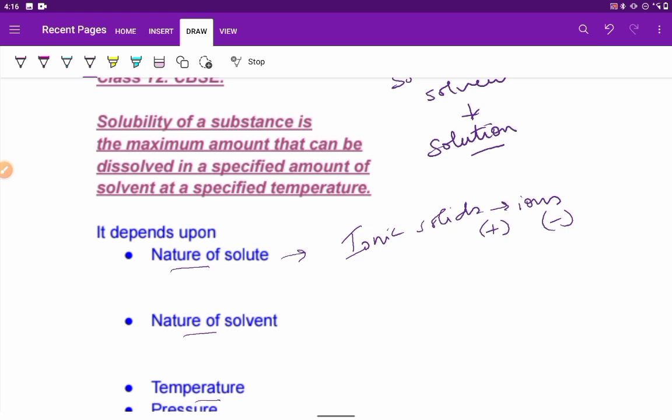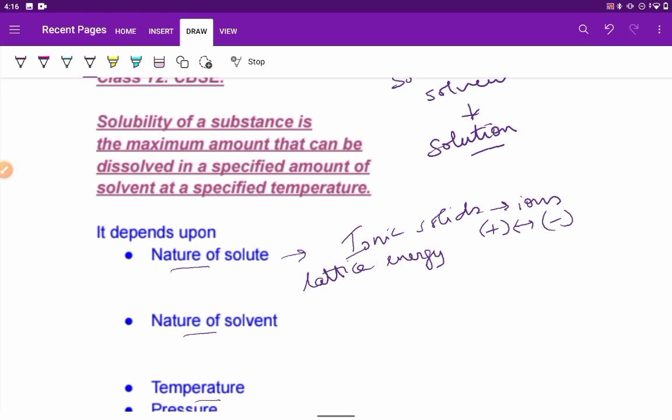There is a force of attraction between the ions, that is the lattice energy, and it opposes the tendency of a solute to dissolve.